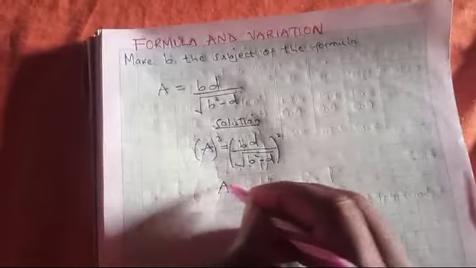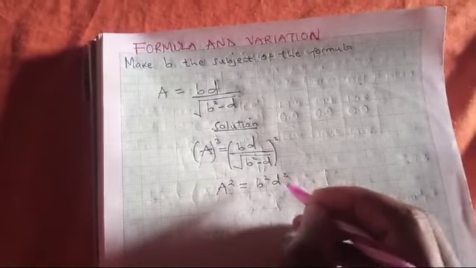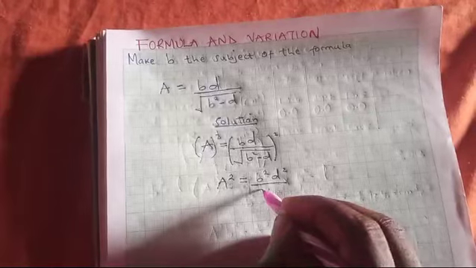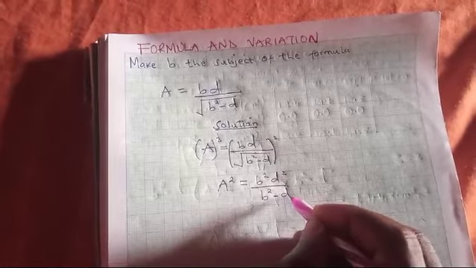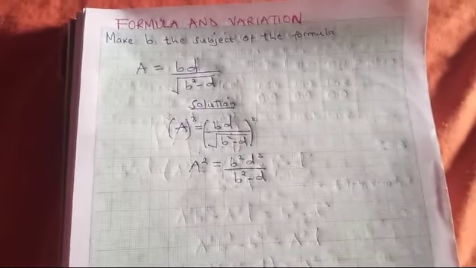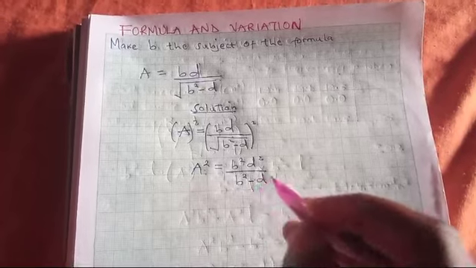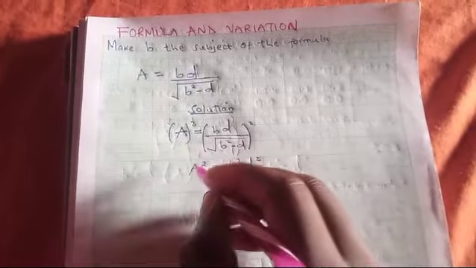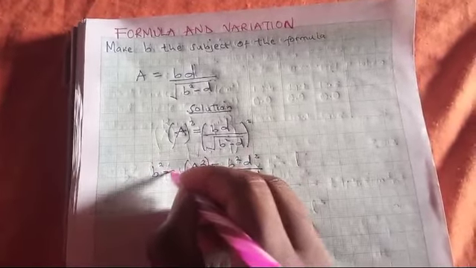So we have a squared is equals to b squared d squared all over, now the square root is gone, b squared minus d. Now the next step, we want to do away with the denominator by multiplying both sides by b squared minus d.